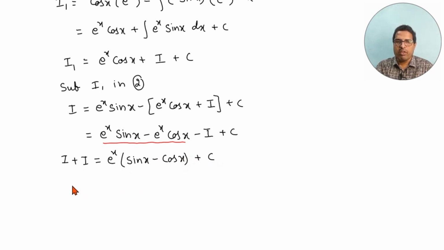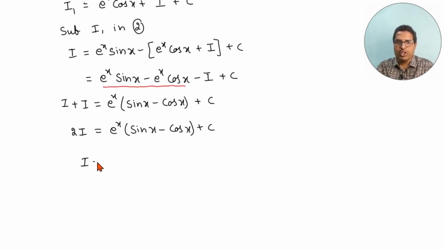So I plus I will become 2I. 2I is equal to e to the power x into sin x minus cos x plus c, or I will be equal to, you can just cross multiply, it becomes 1 by 2 times e to the power x into sin x minus cos x plus the constant c, or c by 2 can again be replaced by say c.